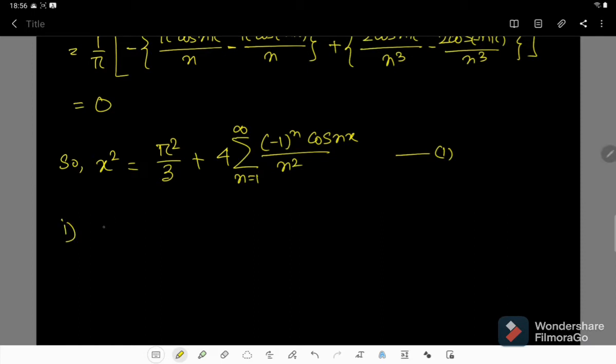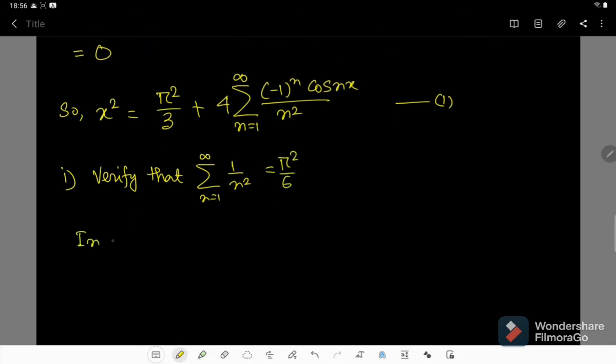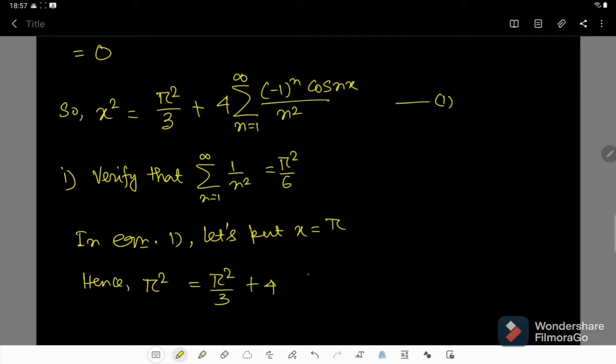So our first problem was we have to verify that sum of n equal to 1 to infinity of 1 by n square is equal to pi square by 6. So in equation 1, let's put x is equal to pi, hence pi square is equal to pi square by 3 plus 4 of sum of n equal to 1 to infinity minus 1 whole to the power n cos of n pi by n square.